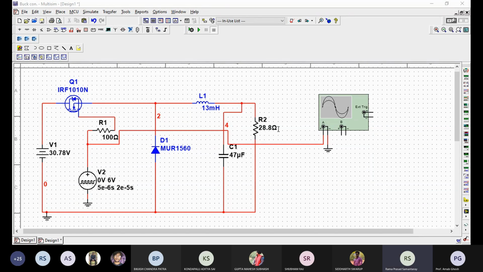So this is your circuit one. Take a screenshot. The parameters are given above, or you can also take the parameters here. IRF 450 is not available in Multisim. Second circuit, this one, take the screenshot. This is for the boost converter.